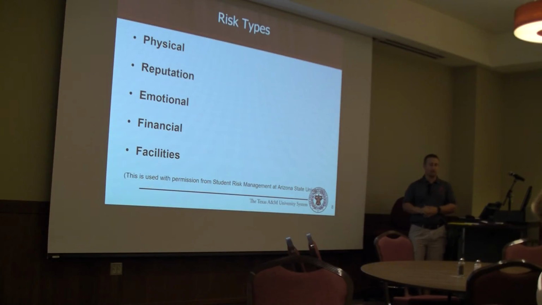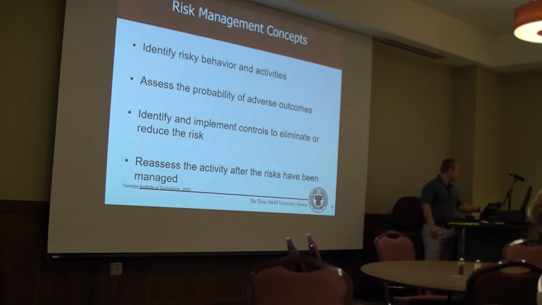If something is initially a physical risk, and especially if it manifests itself as a physical injury, that may ultimately have an effect on your reputation. You may have damaged facilities, or maybe the facilities caused that physical injury. There might be financial repercussions as a result of a physical type of risk. They all intertwine and work together a lot of times depending on what's going on, and so we talk through that and help them better understand that aspect.